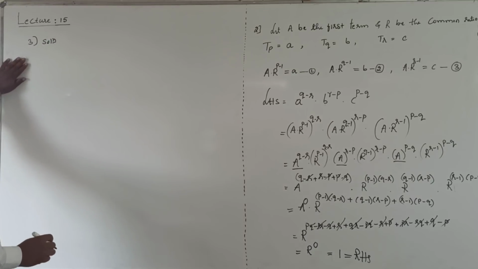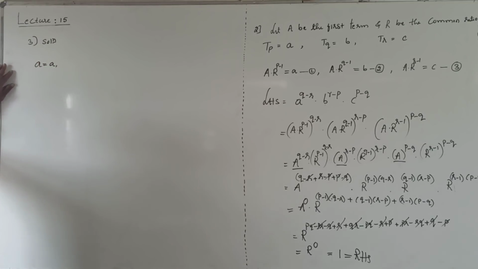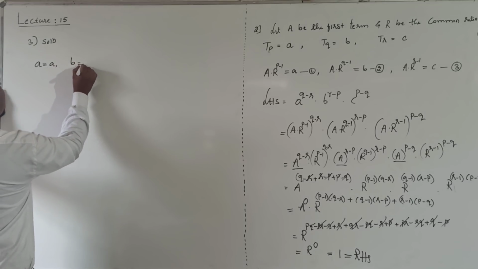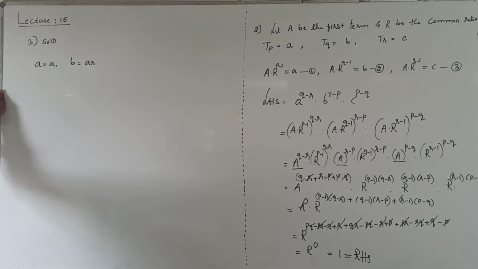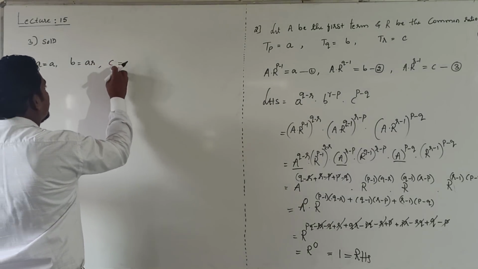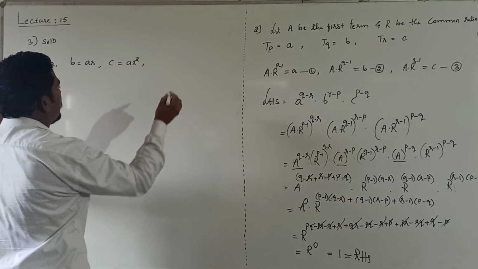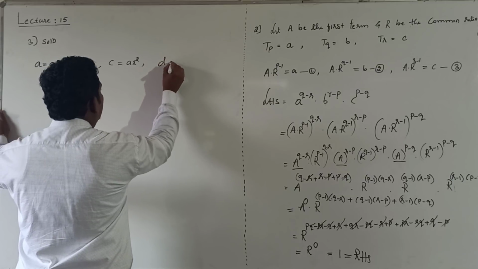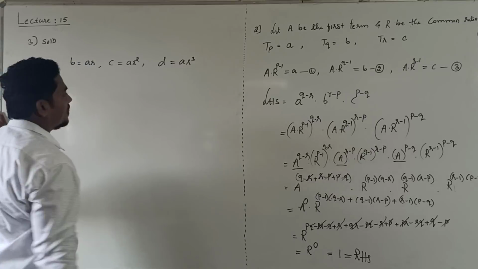The first term a value is a itself, in the first position. Then what is b value? It is the second term of the GP. Second term of the GP is ar. And c is the third term. What is the third term of the GP? a into r square. After that, d value, the fourth term, is a into r cube.